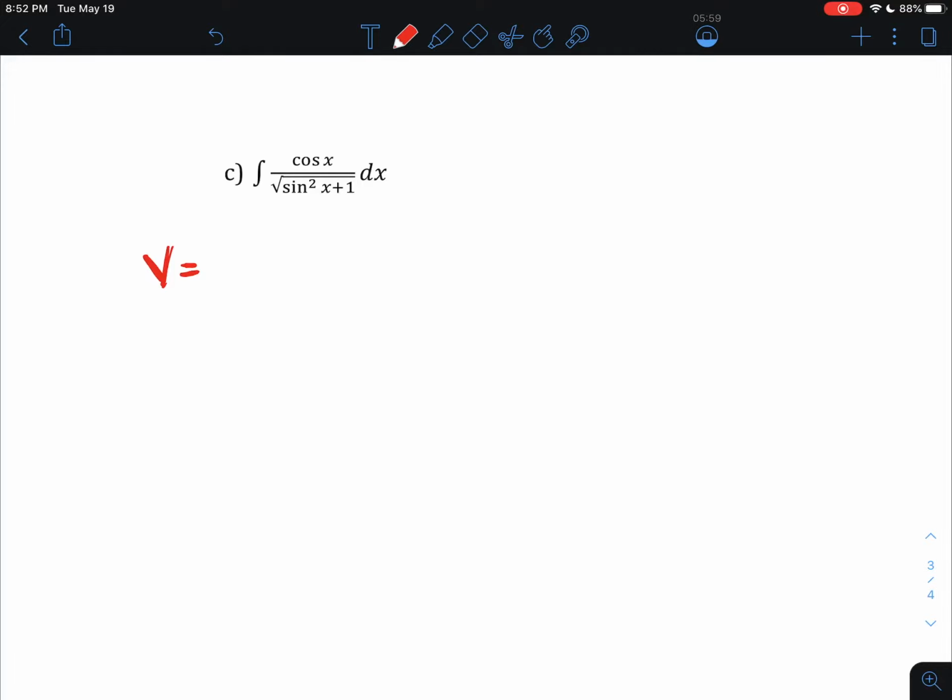I'm sorry. All right, so I'm going to say v equals sine x. That would be the best thing, and you'll see why, because when I take the derivative, it gives me cosine x.